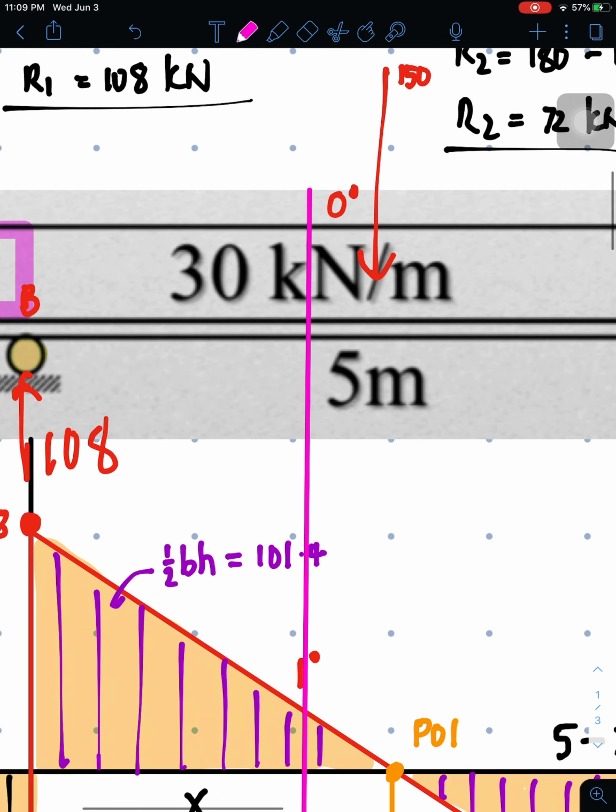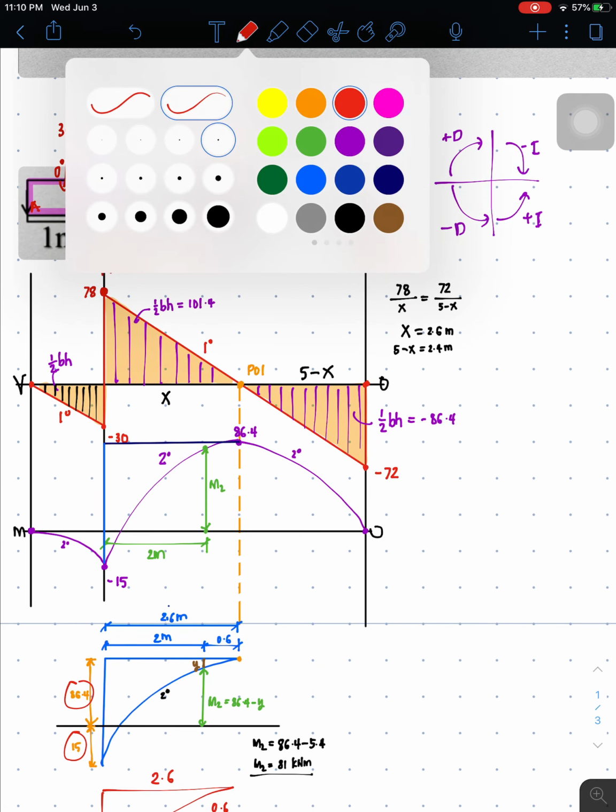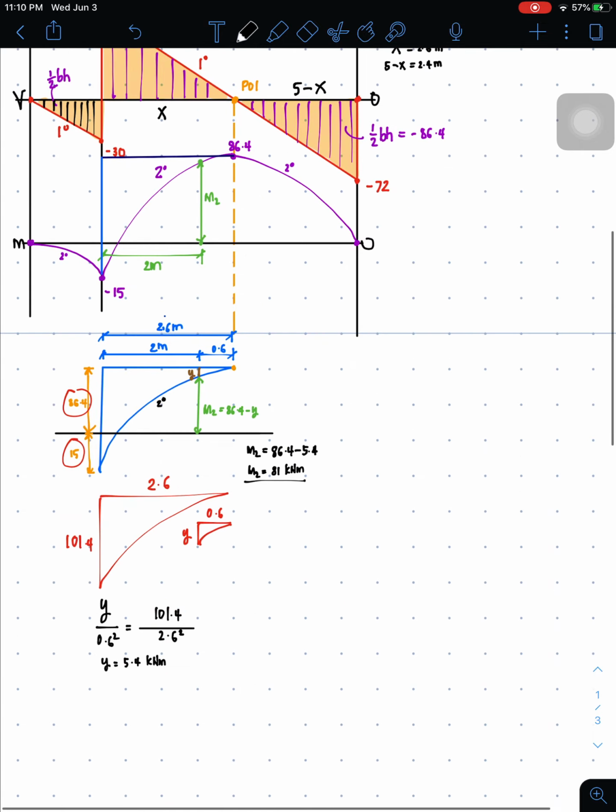All we have to do is cut that portion. So I will cut it and consider the left segment, because at that point of cutting, that's 2 meters. In a cut, we can actually redraw the figure.